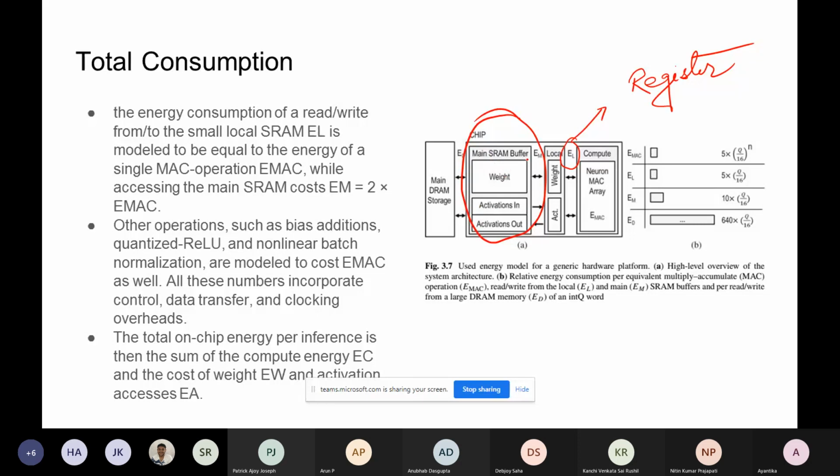From there, as per our computation, we generally fetch some related values in the local memory that we term as register. The register is the fastest memory. Whenever we fetch something from the register and use that for computation, that energy consumption we are terming as EL.